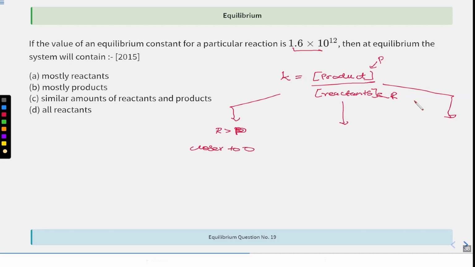Second condition: reactants are equal to products. That means K is closer to 1 at that point, right? And third, if my reactants are less than my products, then K will be very high.